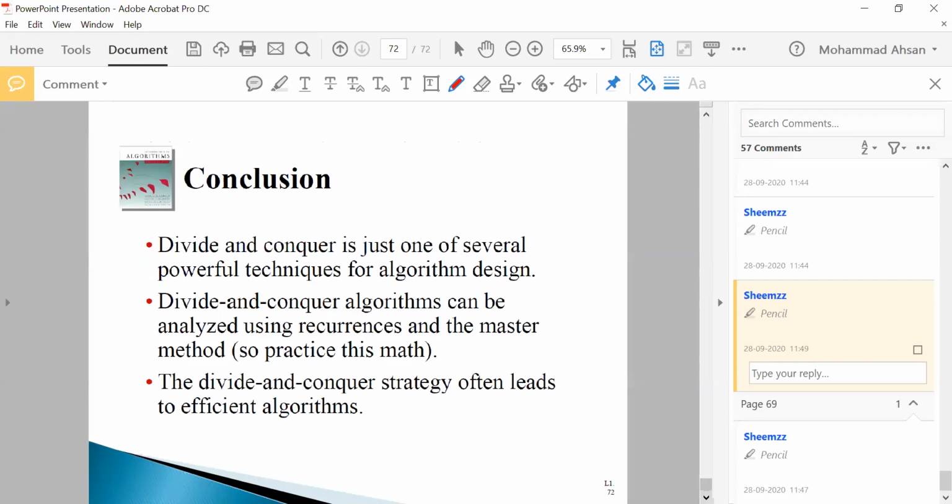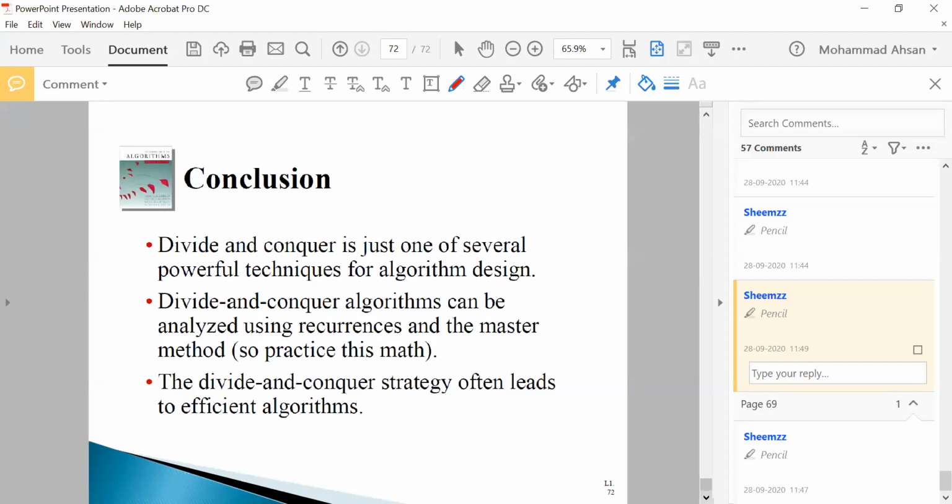In conclusion, if you look at divide and conquer, there are other algorithms which we are going to do next, like dynamic programming. They also use recursion, and in a way it is divide and conquer, but it's not exactly divide and conquer. We'll see the differences.